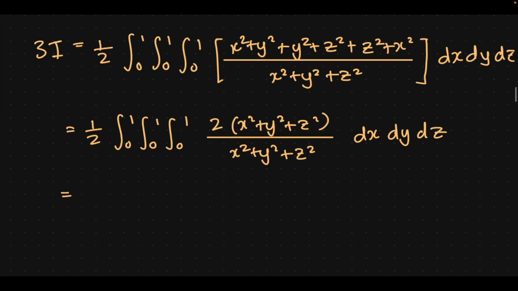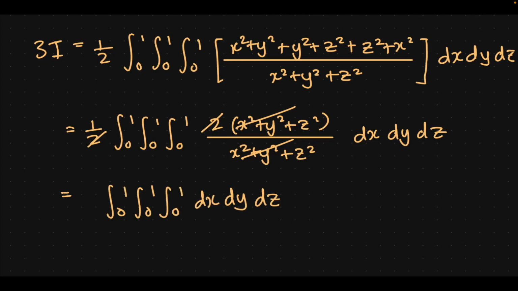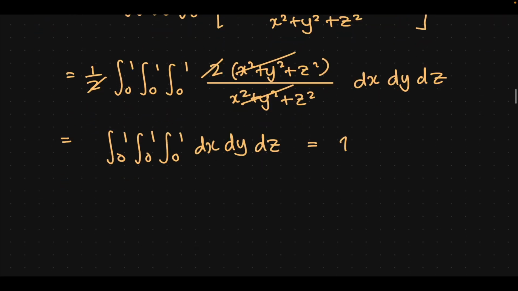And a bunch of things will cancel out here. The 2 factor will cancel out. The numerator and denominator will cancel out. So it's just the volume of the unit cube, which is 1, but that's not I. I is 1/3 of that, which is 1/3.